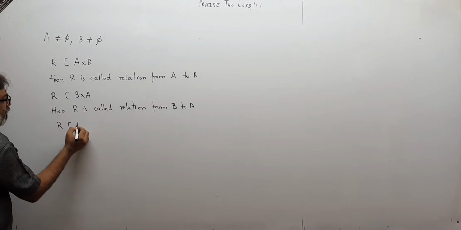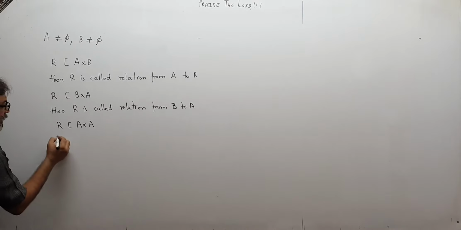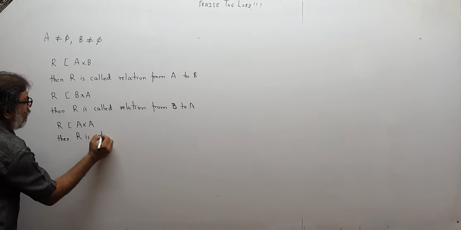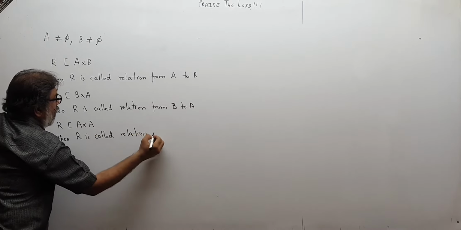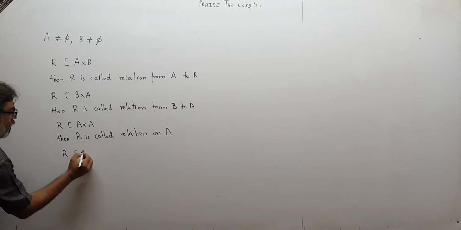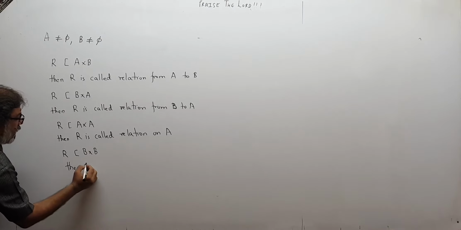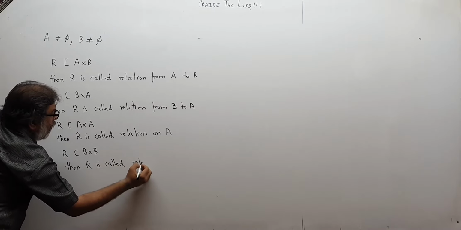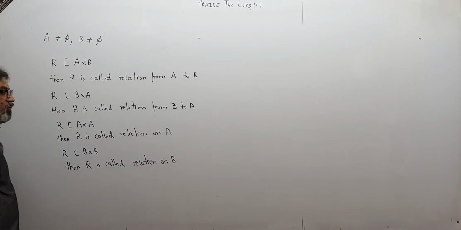If R is a subset of A cross A, meaning both the sets are the same, then R is called a relation on A. If R is a subset of B cross B, then R is called a relation on B, like this you have to think.